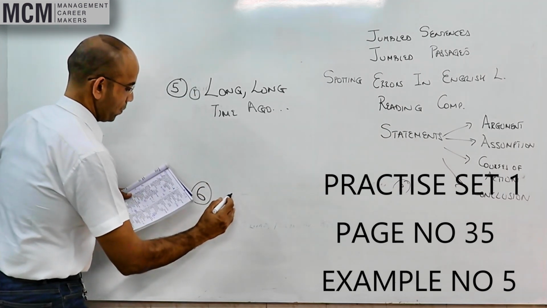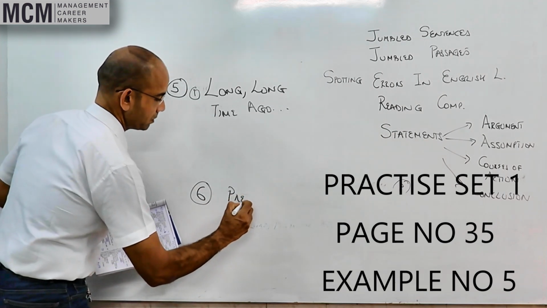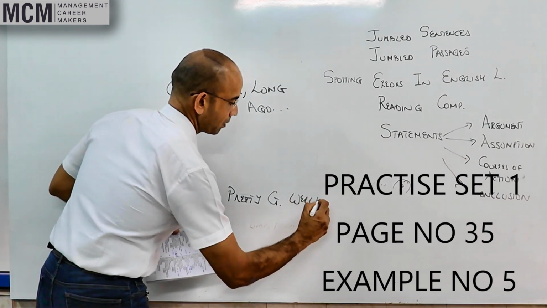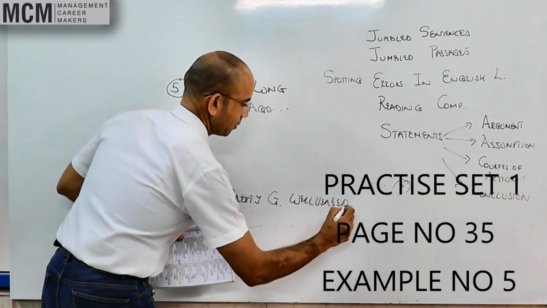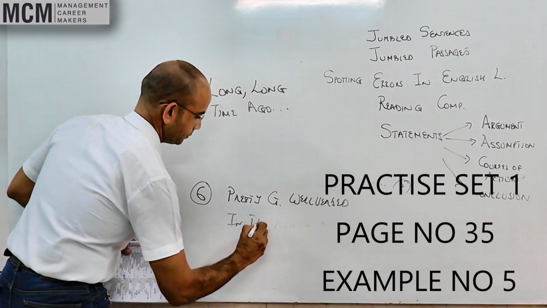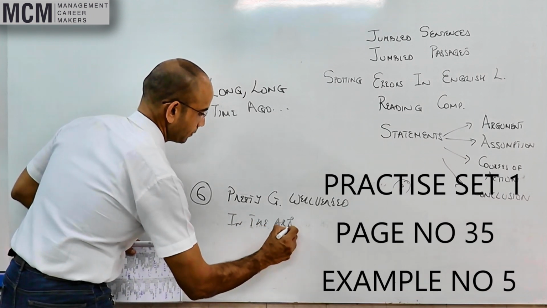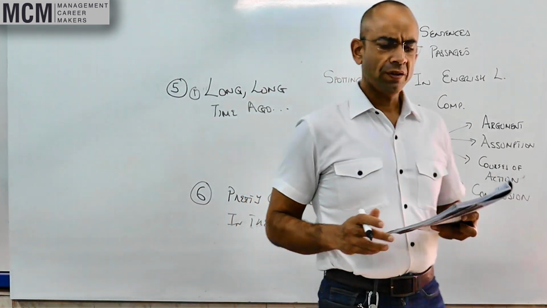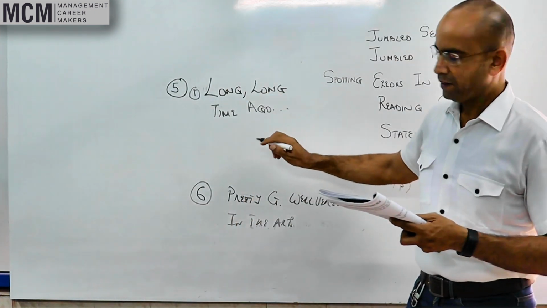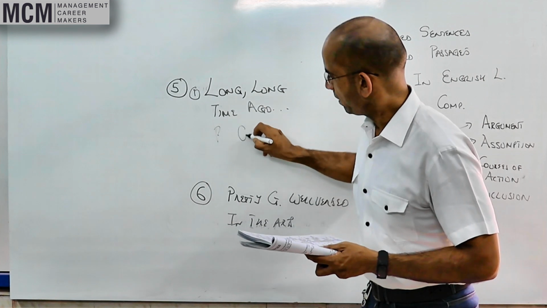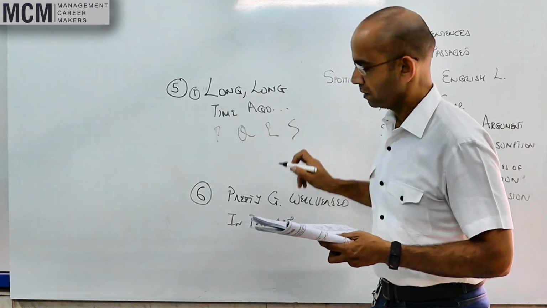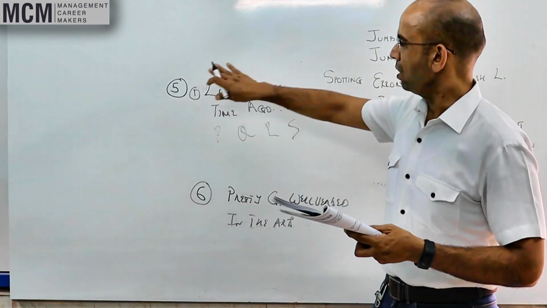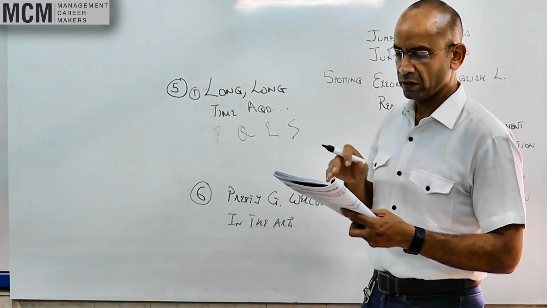Pretty, graceful, well versed in the arts. So now, of course, in between there are P, Q, R, S options in your book. P stands for something, Q another, R another, S another. So long time ago, now look at the continuation.